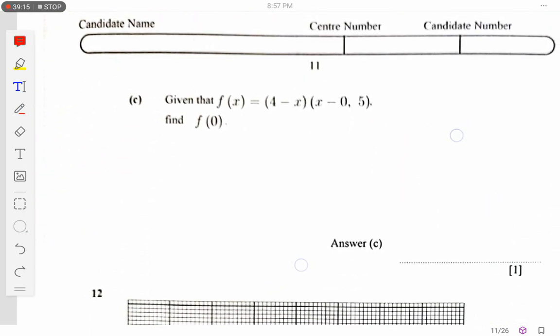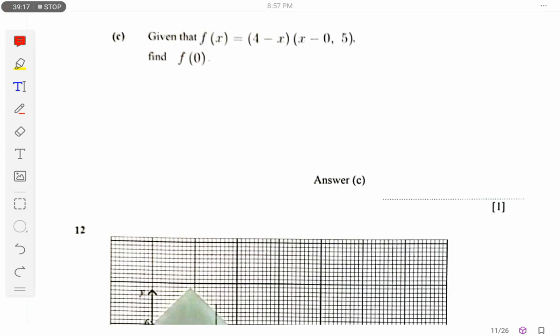Okay, now we have a question that is saying, given a function f of x as 4 minus x and that one. Okay, fine. Find f of 0. So what it means when we have this is, for every x value we put a 0. So this is going to be equal to 4 minus, for every x we put 0, this will be a 0.